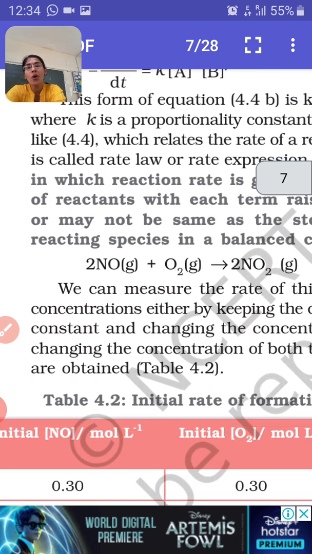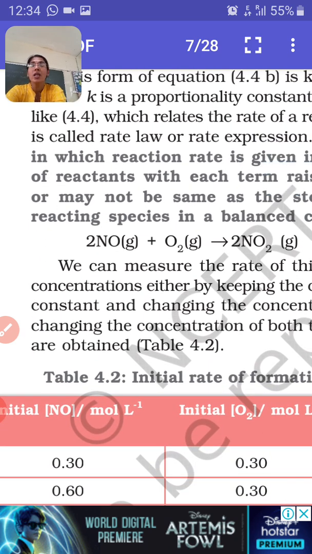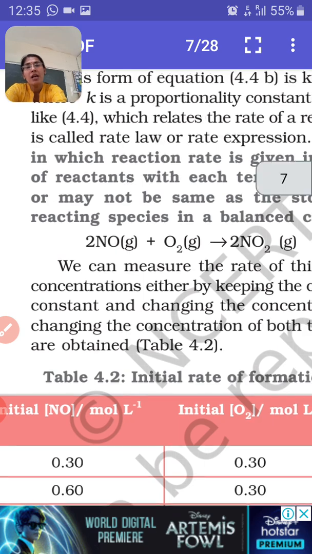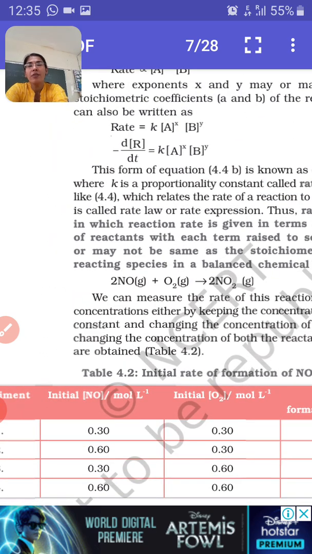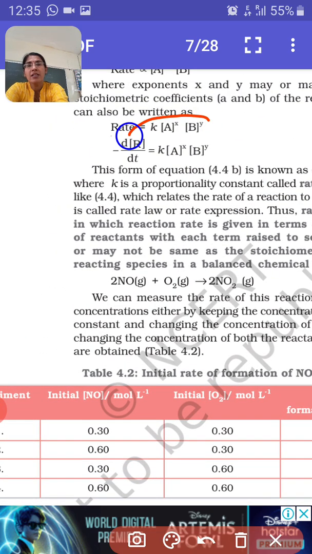Now, coming to the point that how will we know the value of exponential factors of the reactant terms x and y. So, the exponents of reactant terms here are known as orders.